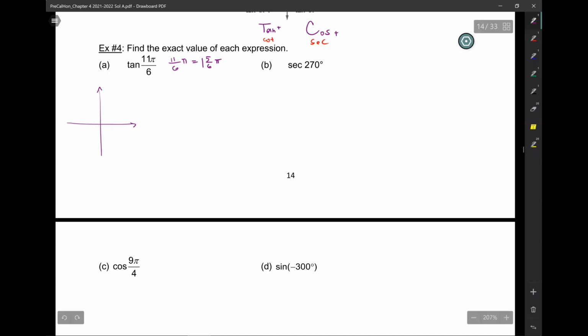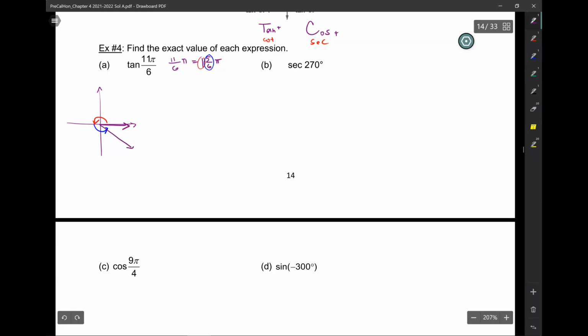So let's draw this. Here we go, starting with the initial side. Here we go, 1 pi, okay? That's 1 pi. And now I need to draw another 5/6 of a pi. Okay, so from here, 5/6 of a pi is almost a full pi. You see that?